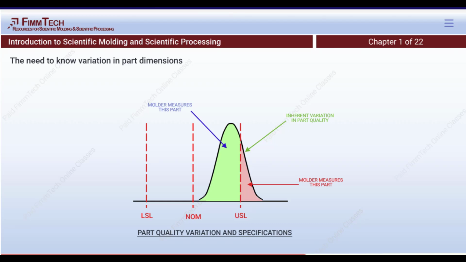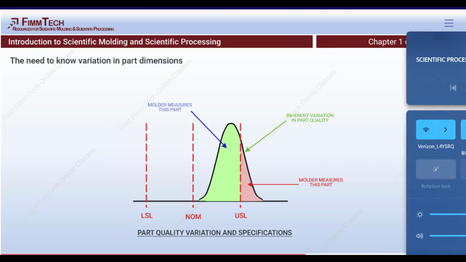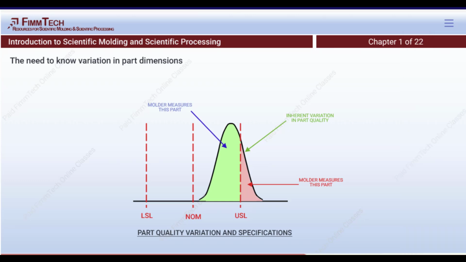That's the reason we need to understand the variation. In this case, both you are correct because you found a good part and he's correct because he found a bad part. But now these parts are not going to work for him because some of them are out of spec. That's the whole reason that you need to understand the variation.